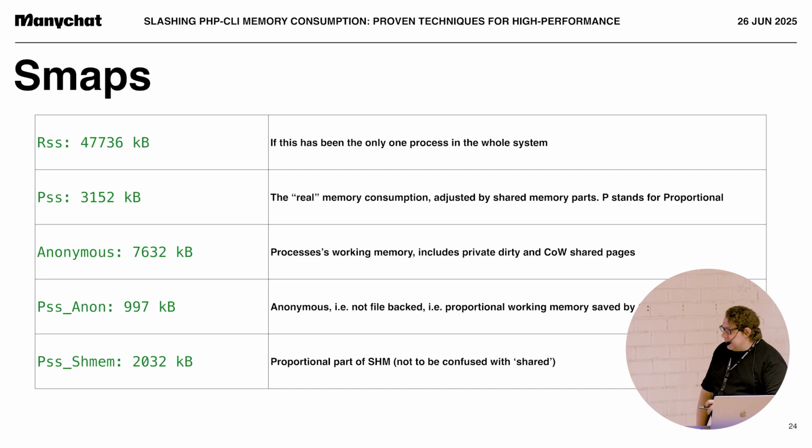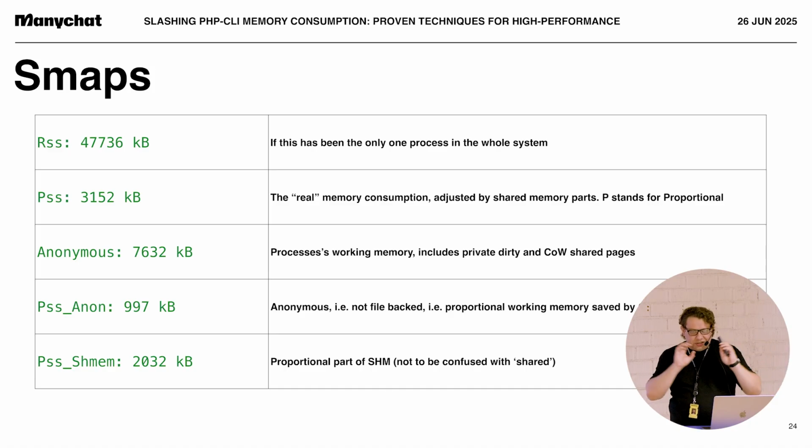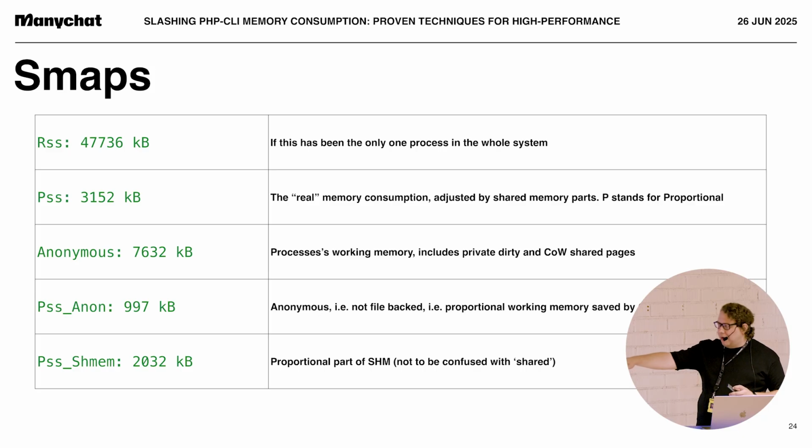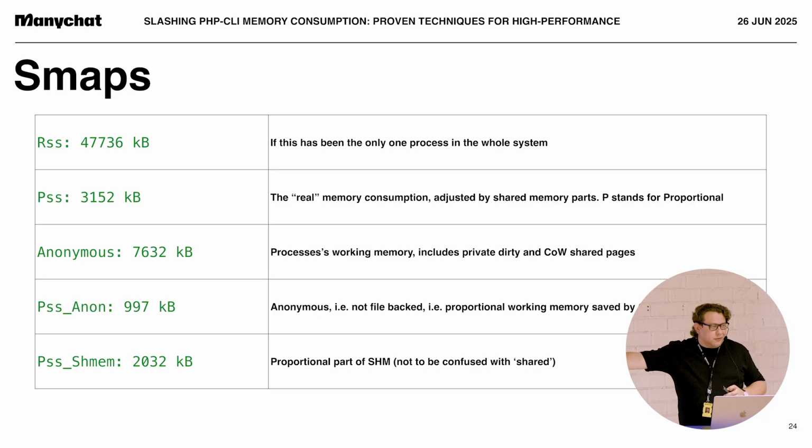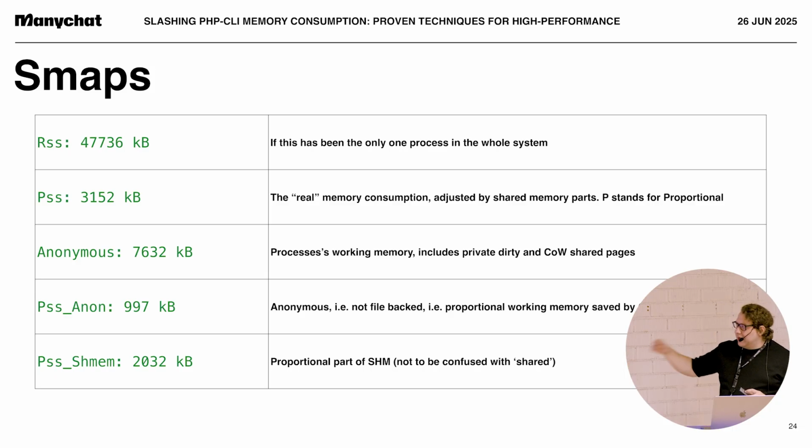And the PSS anon is this working memory, but discounted for the shared memory part. So actually, instead of using 7 megabytes, it uses only 1 megabyte, thanks to this copy on write thing.